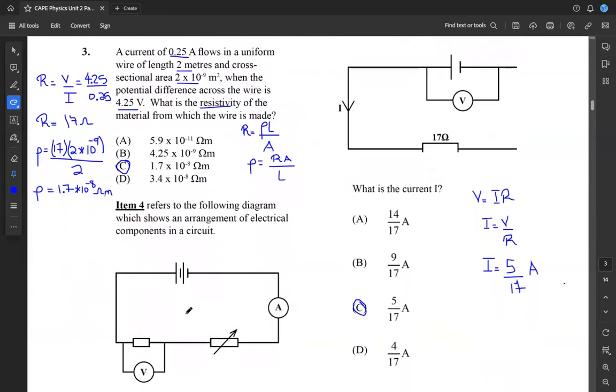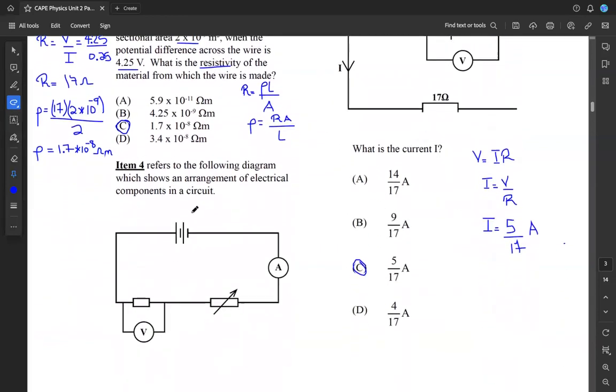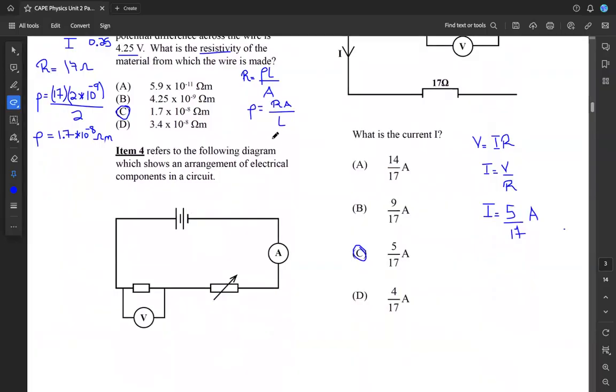So moving along to item 4, they're saying that item 4 refers to the following diagram, which shows an arrangement of electrical components in a circuit. So you see we have our variable resistor here. We also have a resistor here, and across that we have this voltmeter, and of course we have our source.